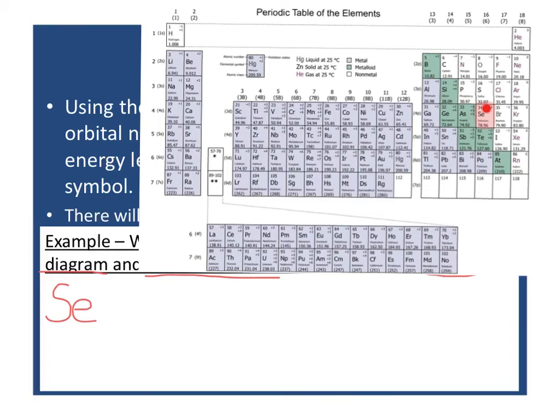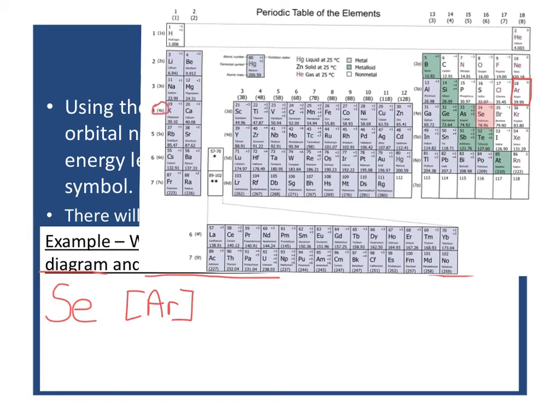First thing I do is I find selenium, I go to the row above, and I find the noble gas. So the row above selenium ends in argon, which means I'm going to start off with Ar in brackets. So I'm starting off right here at argon.